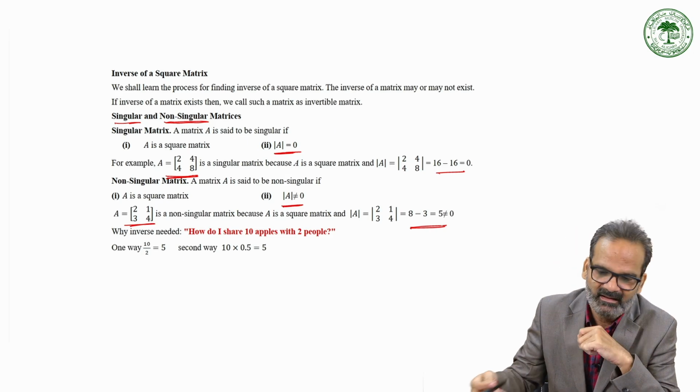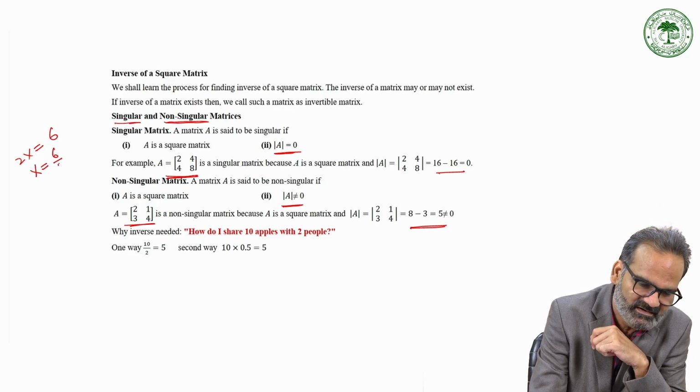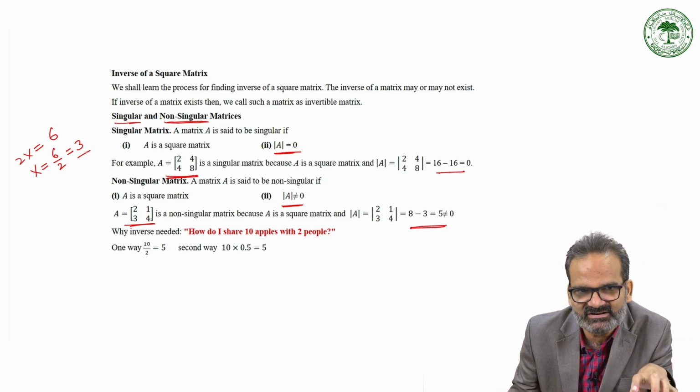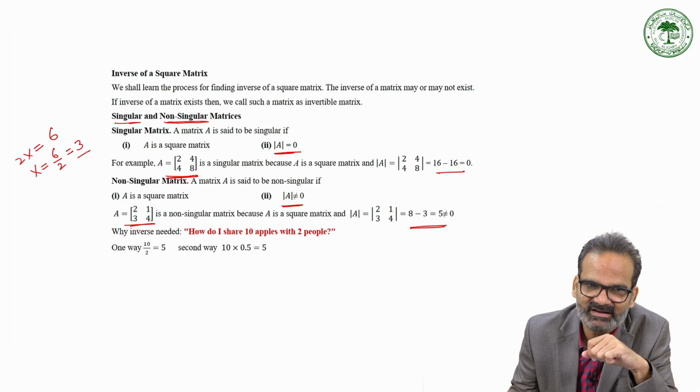For example, if you are given an equation 2x equals 6, then what is the value of x? x equals 6 divided by 2, that is 3. This is an equation where we are dealing with numbers, so we divide 6 by 2 to get the value of x as 3.